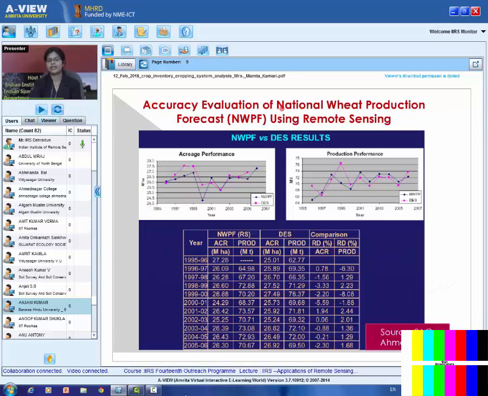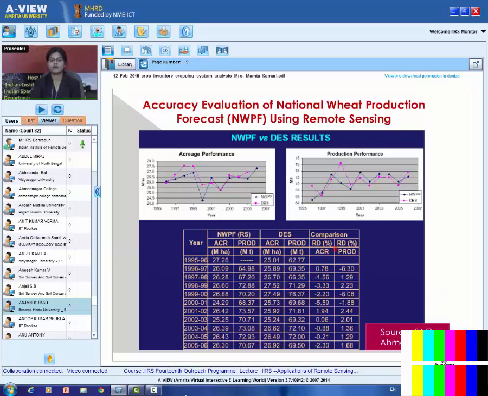This is showing the accuracy evaluation of national wheat production forecast using remote sensing. Here we can see that the forecasted wheat yield as per the acreage performance as well as production, that is yield per total yield, are compared with the Directorate of Economics and Statistics as per the graph, and these are the closeness as per the relative deviation.